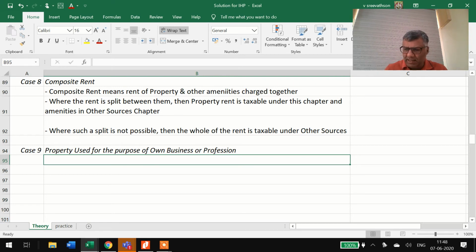Sir, please understand, I am carrying on my chartered accountancy profession from my house. A lawyer or doctor carrying on his clinical business from his house. Property used for own business or profession.